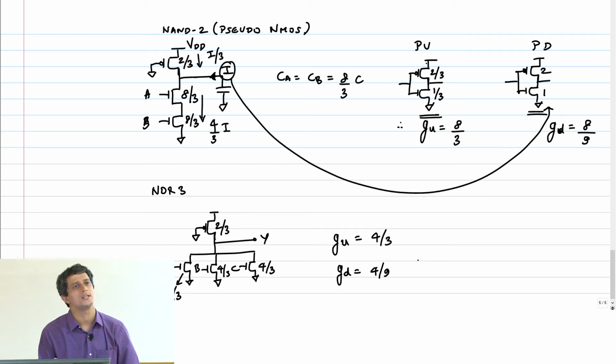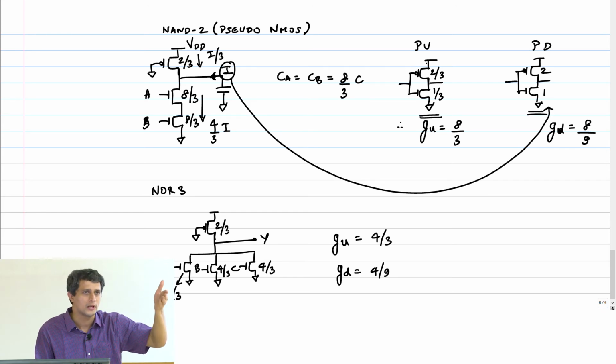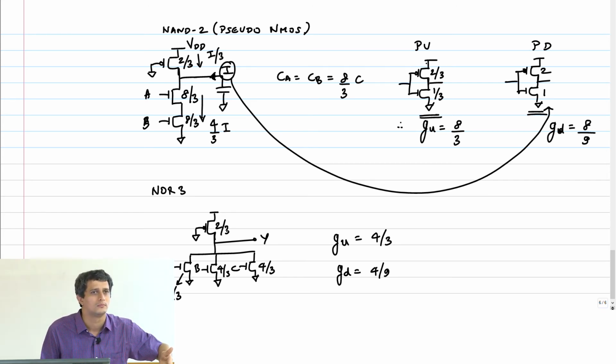See, the worst case is 2 by 3 pull up and one of the 4 by 3 is pulling down. So therefore it has to be 2 by 3 and 4 by 3 as you see. Okay? Clear?